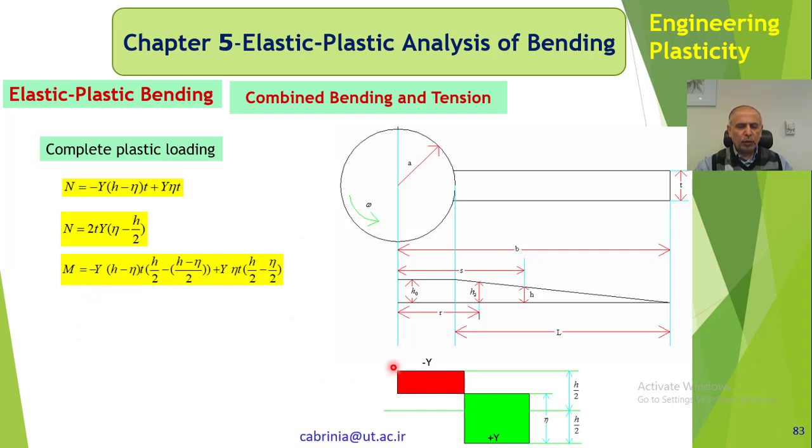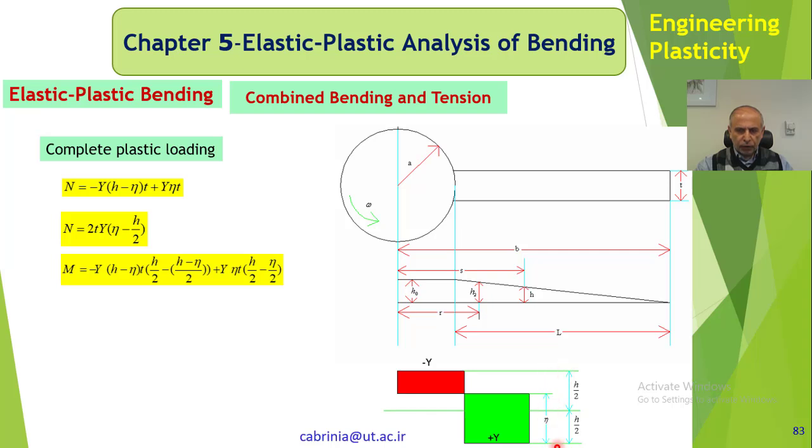And for the bending moment also, I can use this diagram: minus y h minus eta times t is this area, which is the normal force in here, and then times the distance, which is h over 2 minus what? h minus eta, because h is the total.